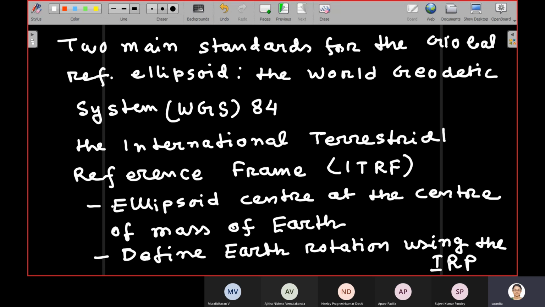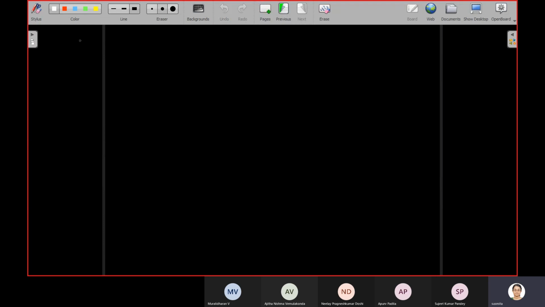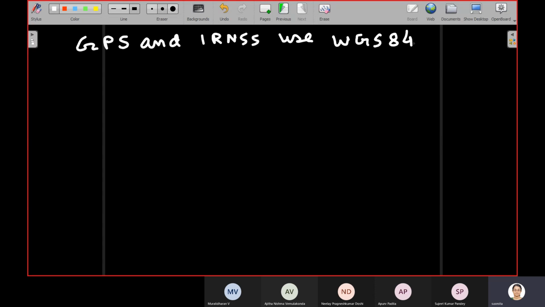Both GPS and IRNSS use WGS 84. Okay. Most INS, Inertial Navigation Systems, use WGS 84 as the reference ellipsoid.